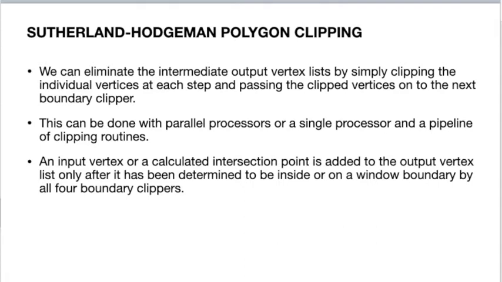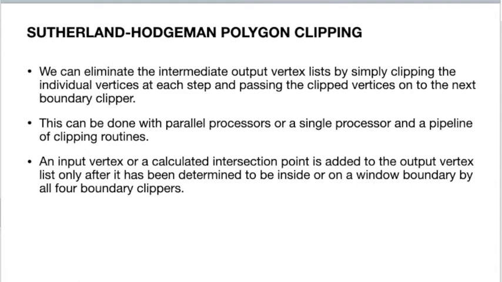That is the output vertex list that we create after clipping with each boundary of the clipping window. You get an intermediate output vertex list, and you can eliminate saving it by simply clipping the individual vertices at each step and passing the clipped vertices on to the next boundary clipper.